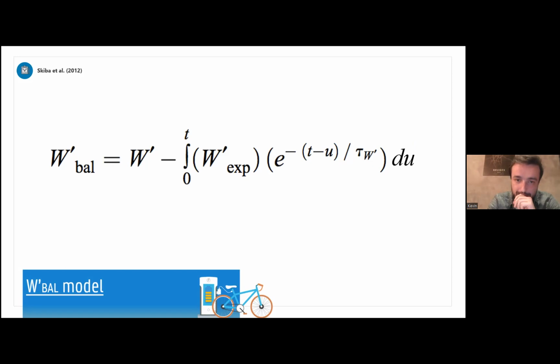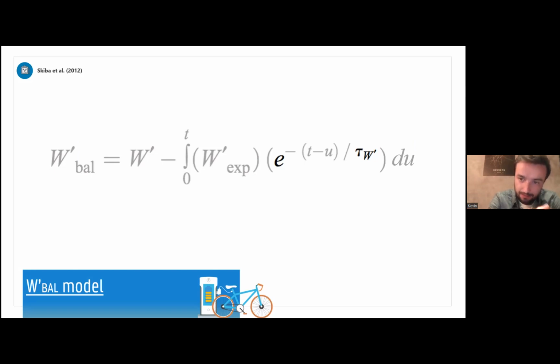And so if we look at the formula, actually the balance in W prime equals your initial W prime, so the W prime of a specific athlete, minus the amount of W prime that is expended, so the EXP, during efforts above critical power.